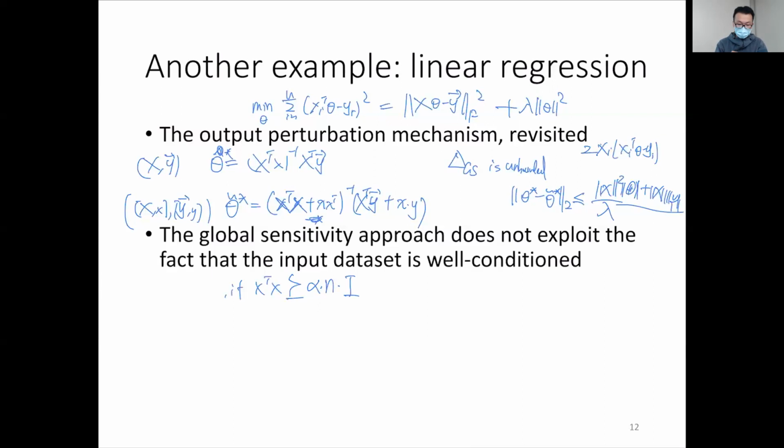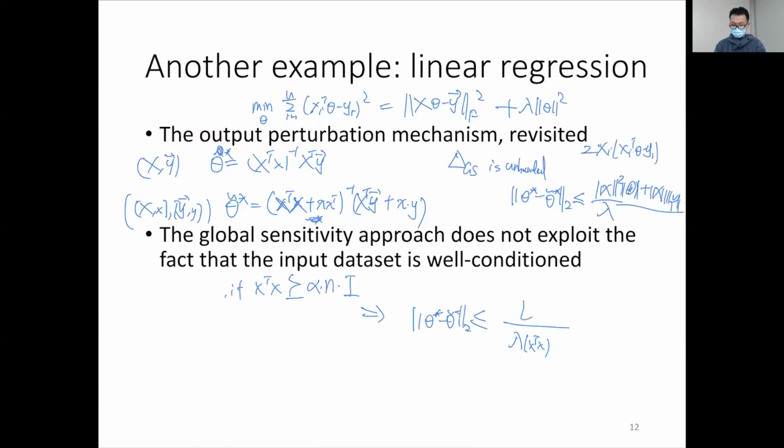Then we know that the whole objective function, even without this noise adding, is already strongly convex from the data set itself, right? So from there we can derive that the perturbation is smaller than lambda X transpose X itself with this Lipschitz constant on top.